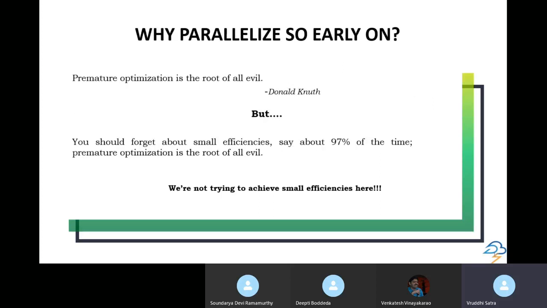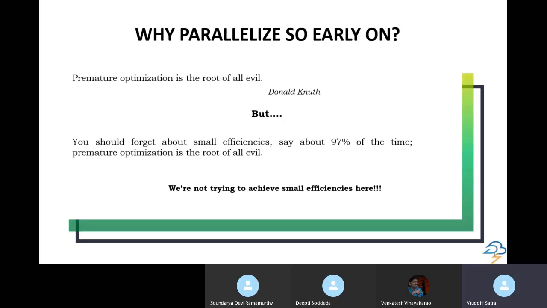Why do we need to talk about performance considerations so early on? There's a very famous quote by Donald Knuth that premature optimization is the root of all evil. This is indeed true in most cases, but let's look at the complete quote with the context of what he was trying to say. You should forget about small efficiencies, say about 97% of the time, but premature optimization is the root of all evil.